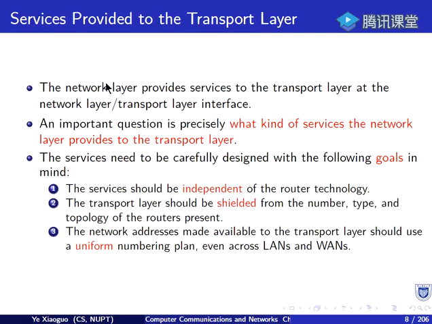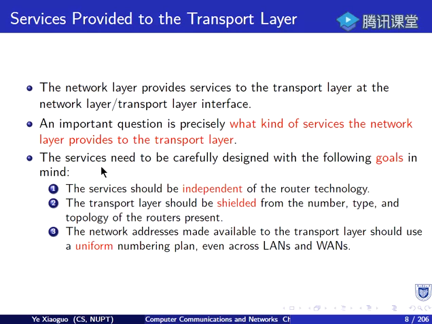hop by hop. The network layer provides services to the transport layer at the network layer transport layer interface. The important question is precisely what kind of services the network layer provides to the transport layer.